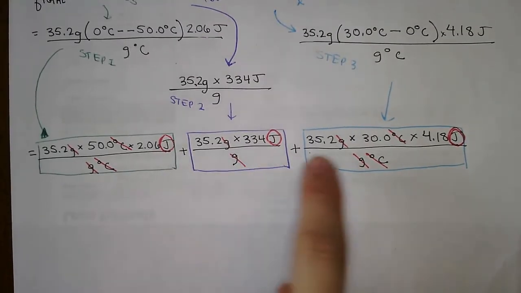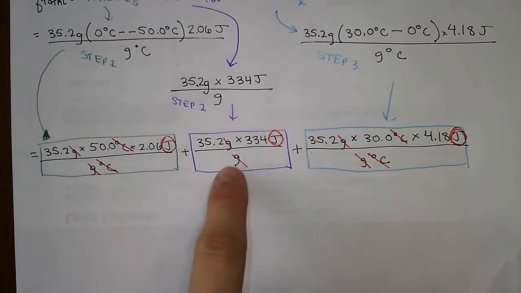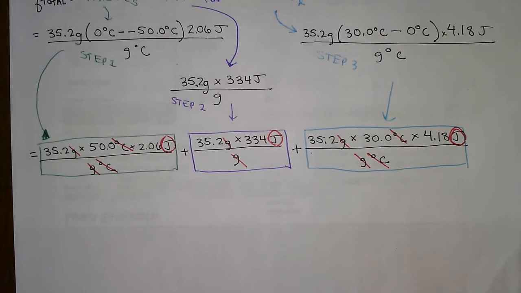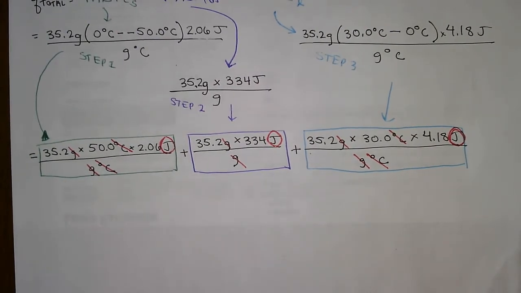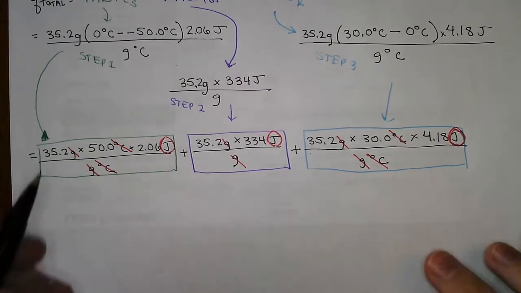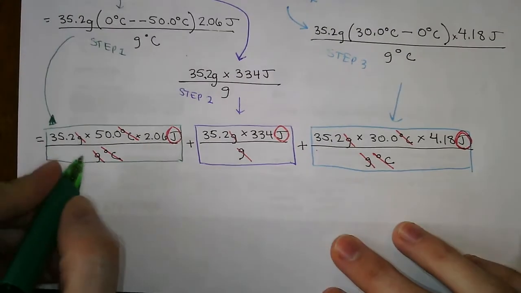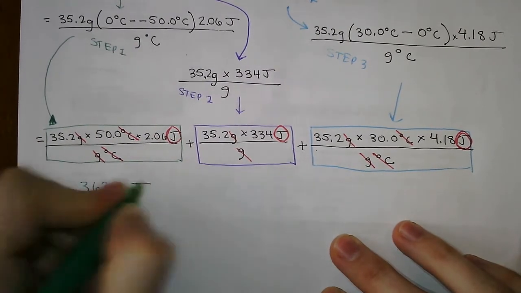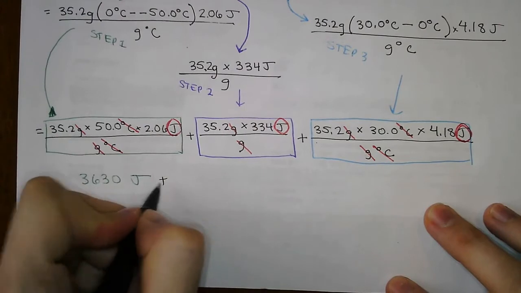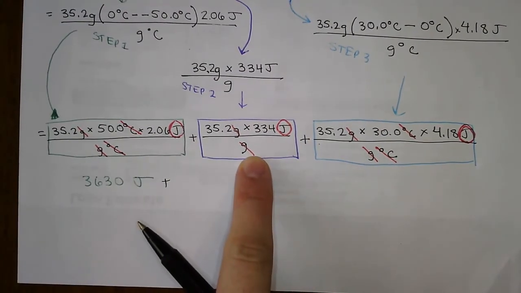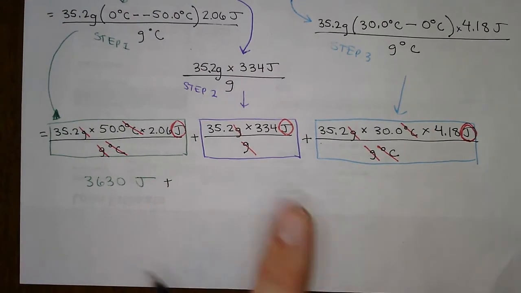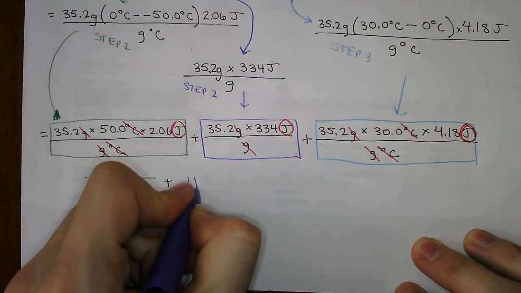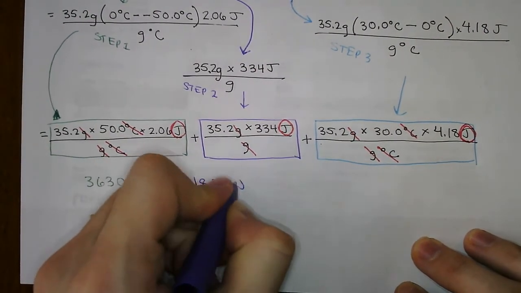Okay, so I'm going to solve each of these individually so I can do the multiplying and dividing sig fig rule, and then I'll add them together for that rule. So 35.2 times 50 times 2.06, I get 3 sig figs, is going to be 3,630 joules, plus, and here's my step 2, 35.2 times 334, 3 sig figs again, looks like 11,800 joules.